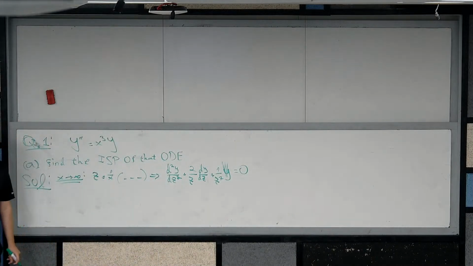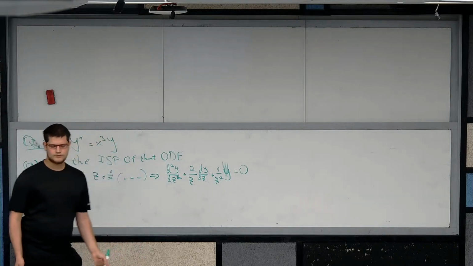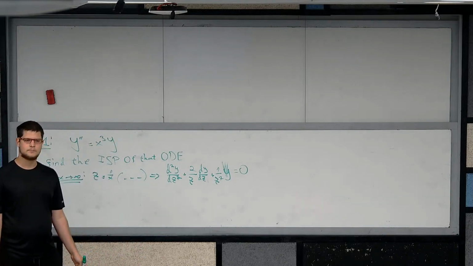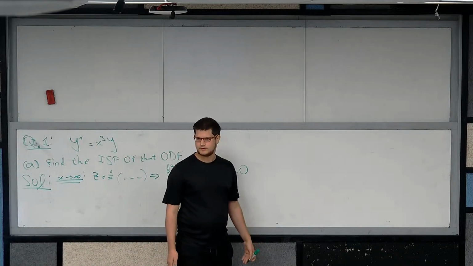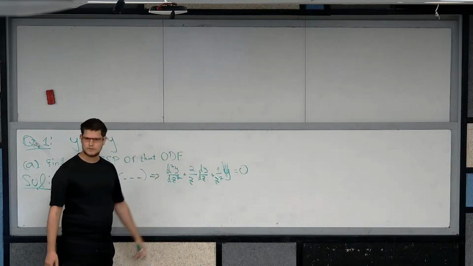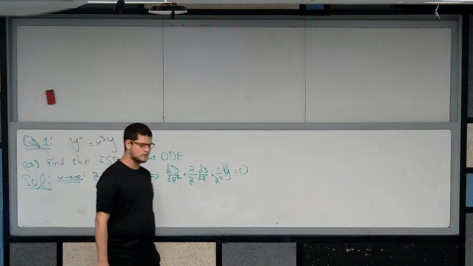Right? And now, that's for sure not an ordinary point, right? It's not continuous at z equals 0. That's equivalent to saying x equals infinity.